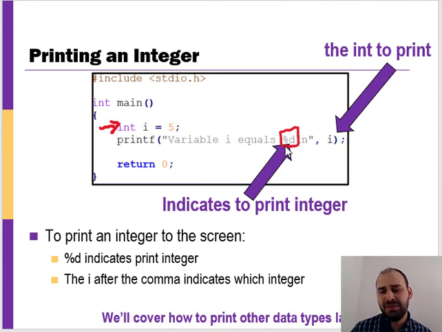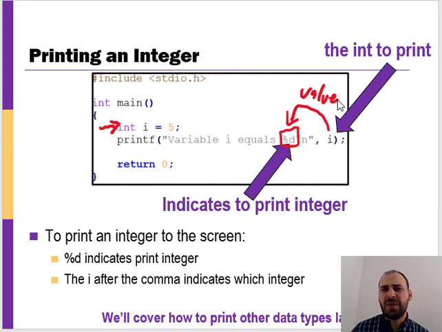decimal. When I say decimal, I mean base 10. If you think of binary as base 2, base 10 uses 0 through 9 as the digits we're allowed to use. And we're going to print that integer here. So we're going to take the value of I and replace whatever that %d is. That %d is something called a format specifier.